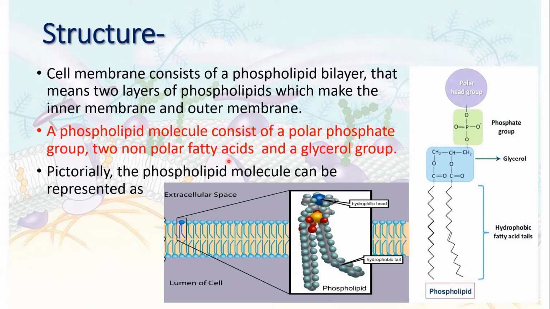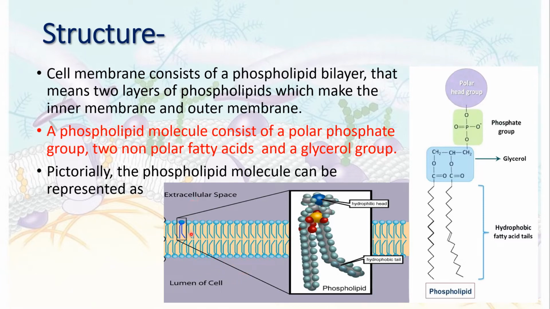Two layers formed by these phospholipid molecules are required for the formation of a plasma membrane. This is the plasma membrane you can see over here. This is the phospholipid molecule. So we require two phospholipid layers to form the plasma membrane.